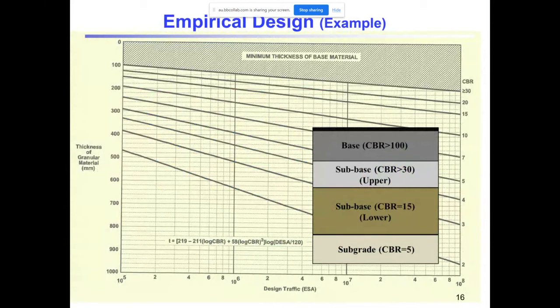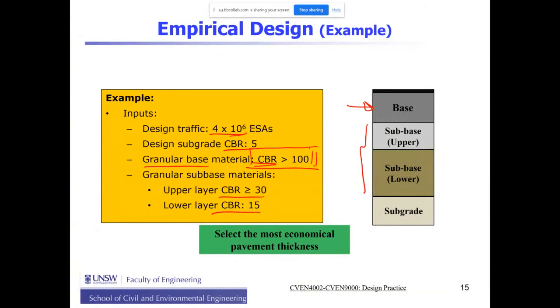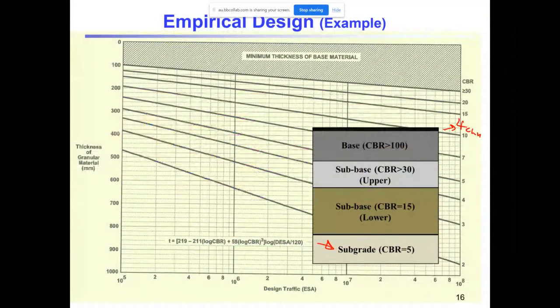Now, since all the layers are granular layers, we can again use this chart for the design. The surface layer should have a thickness less than 40 millimeters. We already know that. And we start from the subgrade level. The design traffic has been given to us. The design traffic is 4 times 10 to the power 6.